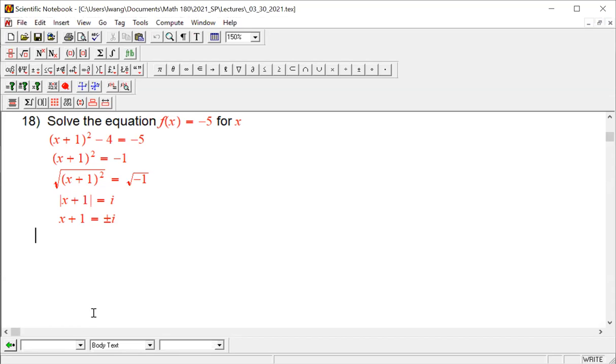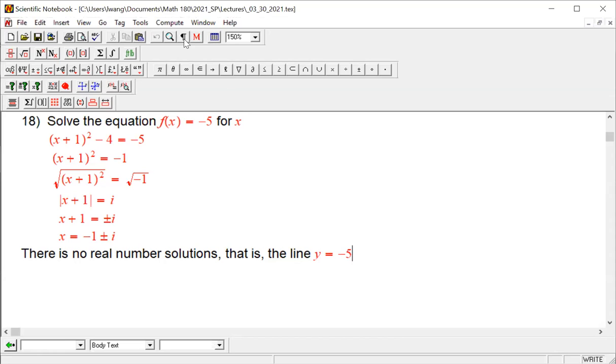You can still complete this process, and you will tell the reader there's no real number solutions. That is the line. We started with y equals -5, which does not touch the parabola. The line does not touch the parabola.